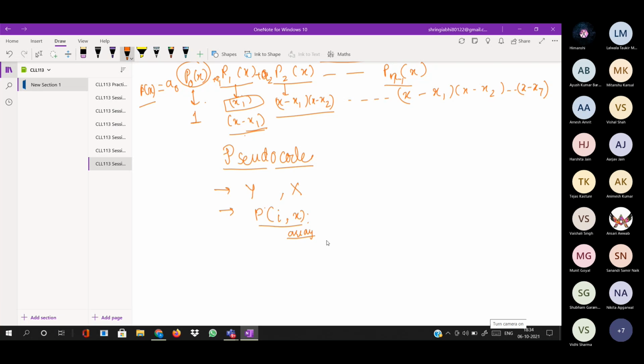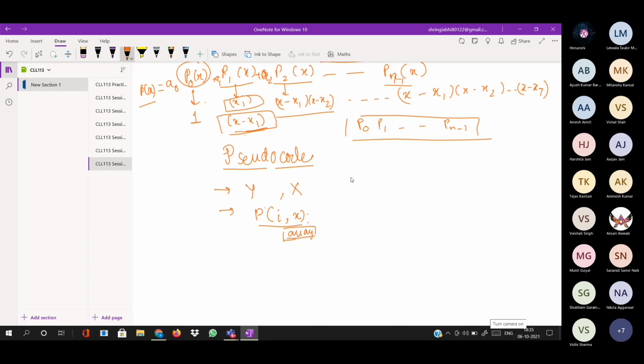But what will be the more convenient way? You can always make an array, no issues in that. Is to just calculate the ith one and not calculate p0, p1, up to pn minus 1 in one go. We are building the solution step by step.